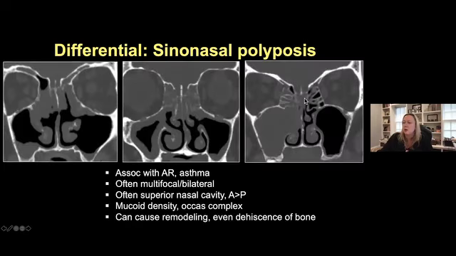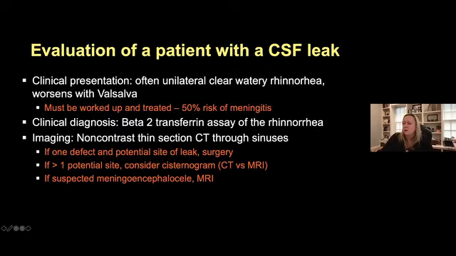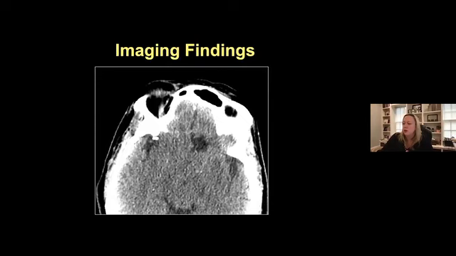Let's get back. I think you can see it here. You can see stripping and remodeling of bone. You don't see any more bone because this is a large meningocele that came down, but the bone is pushed and remodeled. Let's go back to the first patient.